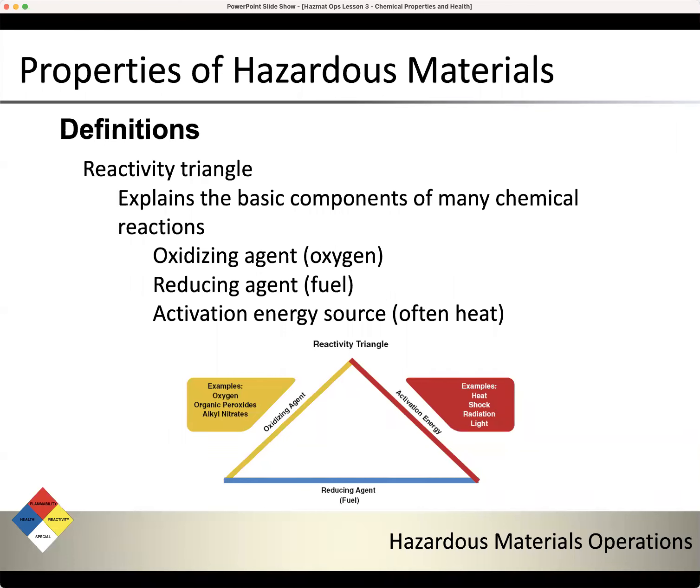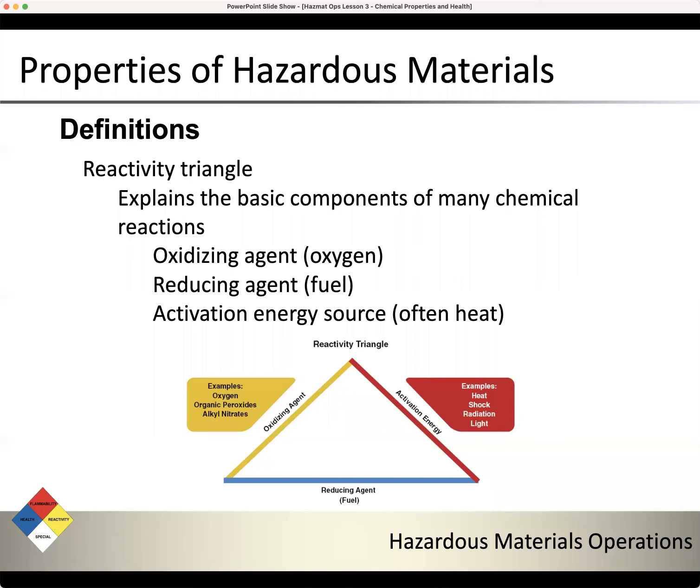When we're talking about reactivity, there's a reactivity triangle. It explains the basic components of many chemical reactions. In order to have a chemical reaction, you have to have an oxidizing agent, a reducing agent, also known as the fuel, and an activation energy source, often heat. Taking a look at this, it looks very similar to the fire triangle.